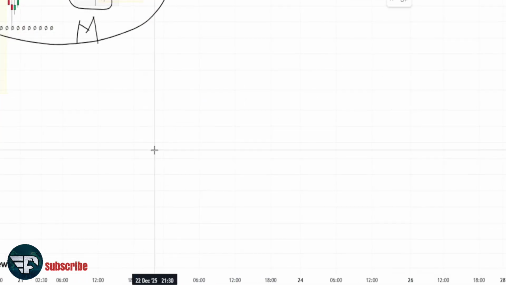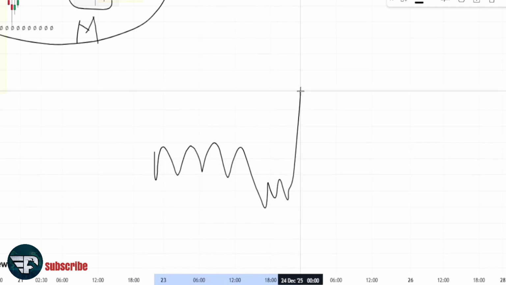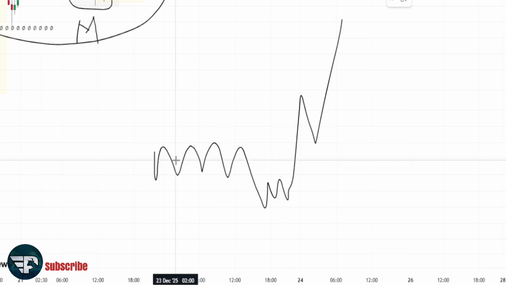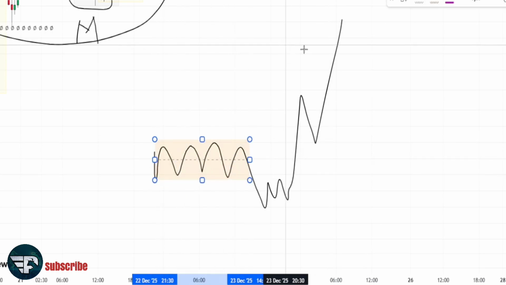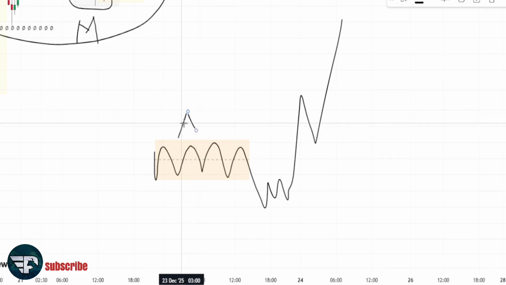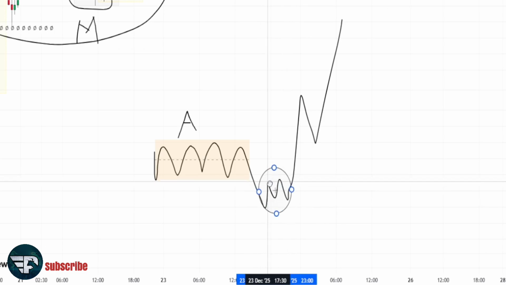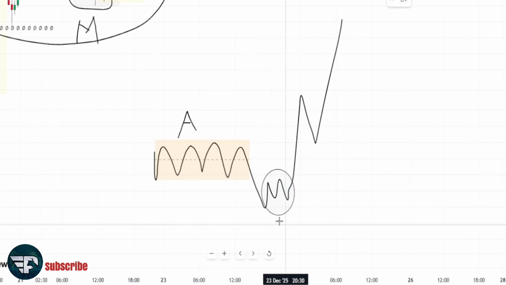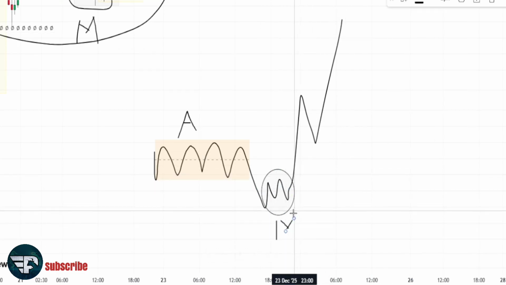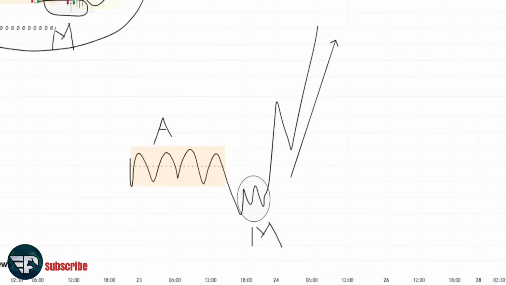Like I showed you something like this. Distribute, manipulate, distribute, come back for entry, push. This area here is the accumulation, and then down here becomes the manipulation. Down here becomes the M, and then this impulse move becomes the distribution.